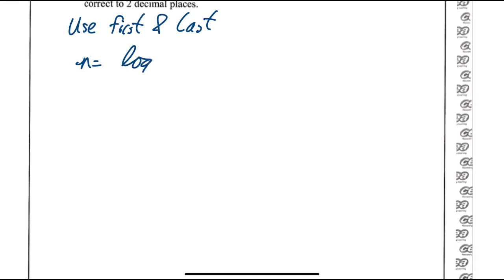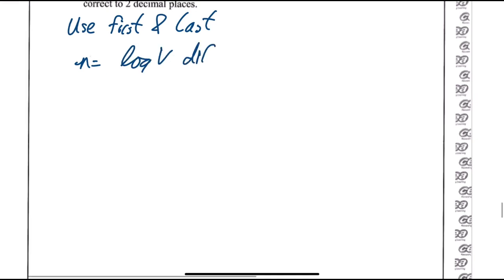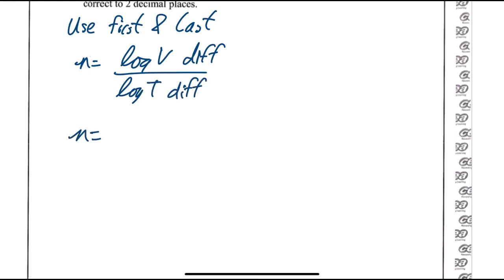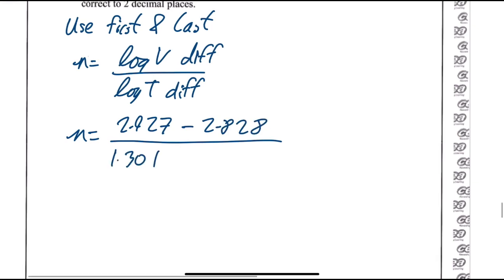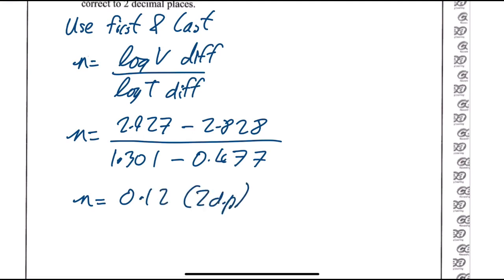So it's a log V difference over your log T difference, and that is equal to 2.927 minus 2.828 over 1.301 minus 0.477. When I did that out to 2 decimal places, I got 0.12.